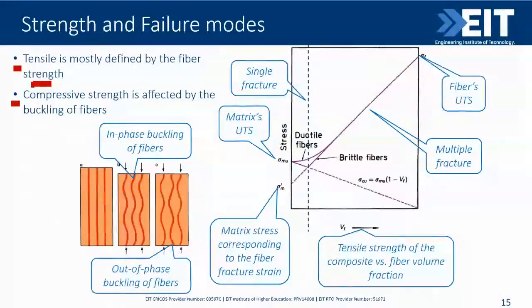The matrix does not contribute much, while when we look at the compressive strength, on top of the failure of the fibers, of the strands, we have the buckling of fibers as well, which can be in-phase buckling of fibers or out-of-phase. The in-phase will be a little bit stronger, and we have to remember that the fibers sit inside the matrix, so they do not move freely, but the matrix is fairly flexible, so it will allow buckling as well.